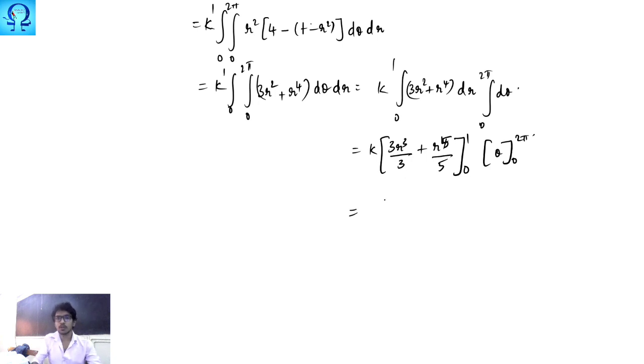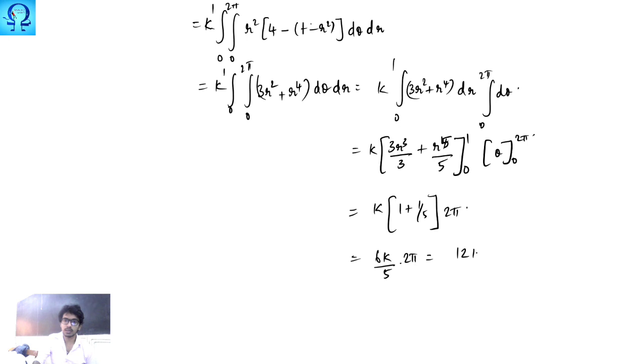When you substitute 1, you are going to have 1 plus 1 upon 5, and when you substitute 0, you are just going to get 0, and this is simply 2 pi. So it is 6k upon 5 multiplied with 2 pi, so it is 12k pi upon 5. So this is the requirement.